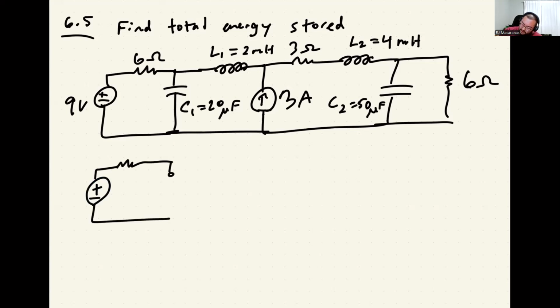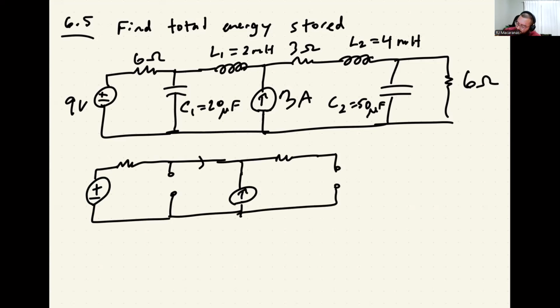The capacitors are going to become open circuits. The inductors are going to be short circuits. And the resistors are just going to sit there and do nothing. And so here's the circuit that we're actually looking at.